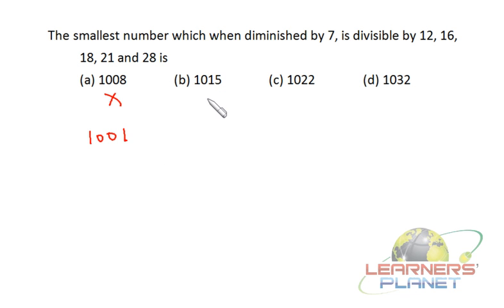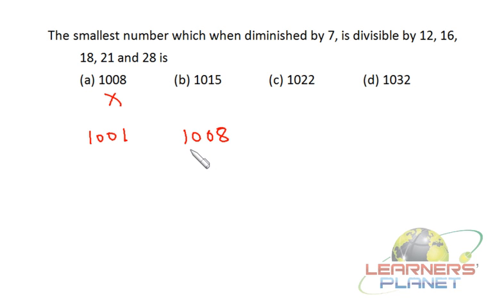Now let's see for 1015. Suppose I deduct 7, I'll be getting 1008. Now let's see whether this number is divisible by all of them or not. Now it is divisible by 12 since it is divisible by 4 and 3 both as well. The divisibility test of 4 is that the last two digits must be divisible by 4, and the divisibility test of 3 is that the sum of digits must be divisible by 3.